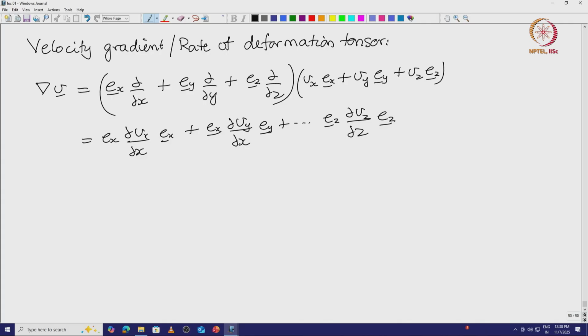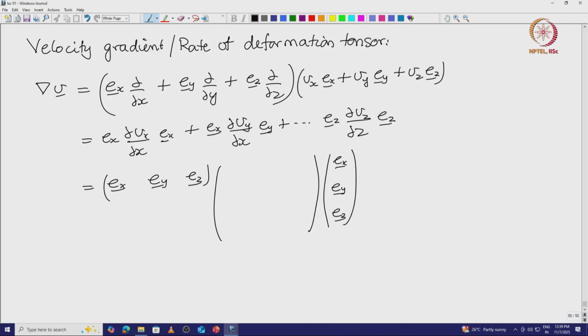And just as I wrote this with the stress tensor, I can also write this in matrix form. Ex, Ey, Ez, and Ex, Ey, Ez.